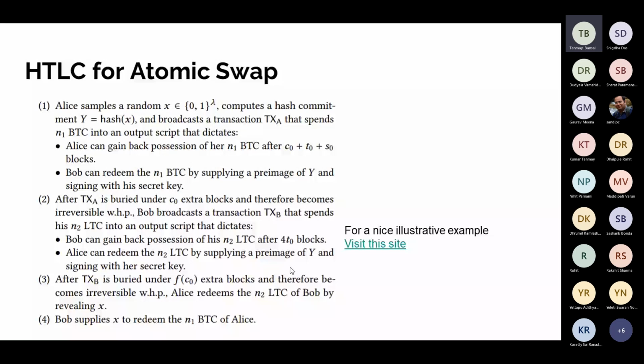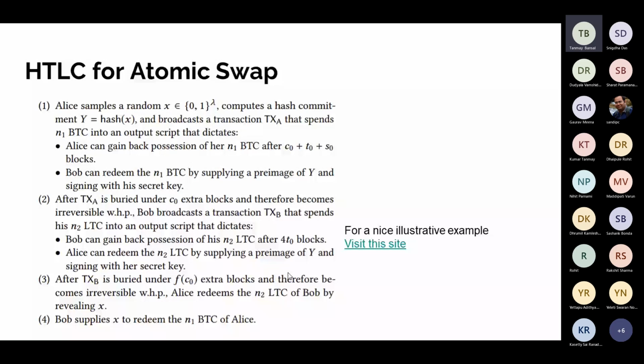After Alice created this transaction, which promises to pay Bob, and it was buried after a certain number of blocks, Bob is convinced that Alice cannot go back on that contract. If Alice reveals the key at some point in the future, Bob will be able to get that number of Bitcoins.